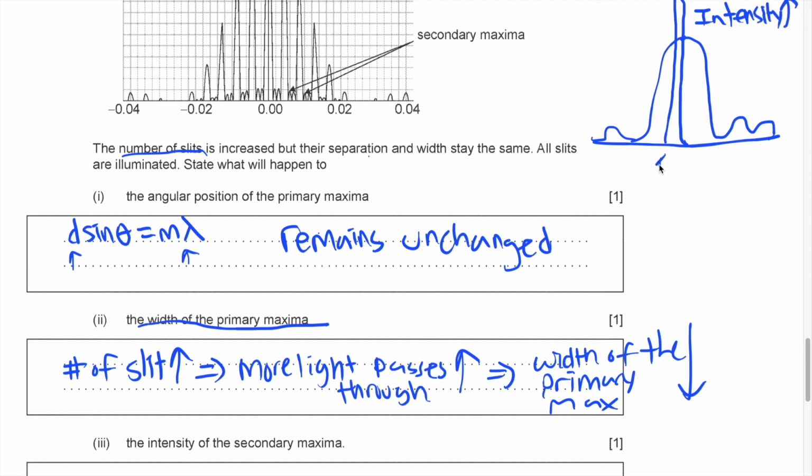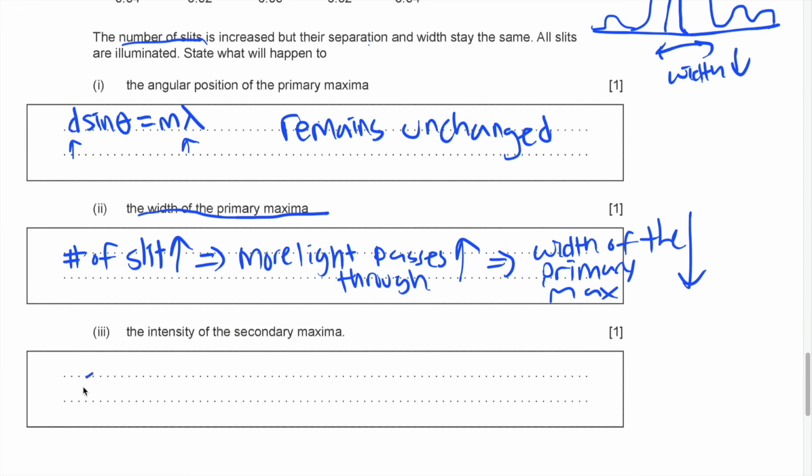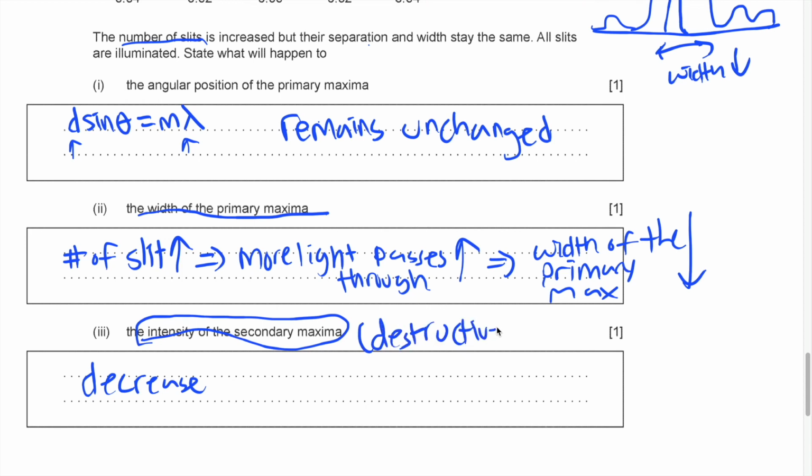So the width here decreases. And the intensity of the secondary maximum: when intensity increases, the intensity of the secondary maximum decreases, and the secondary maximum usually occurs for destructive interference.